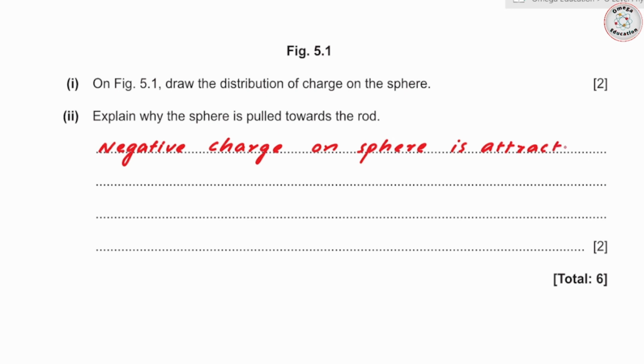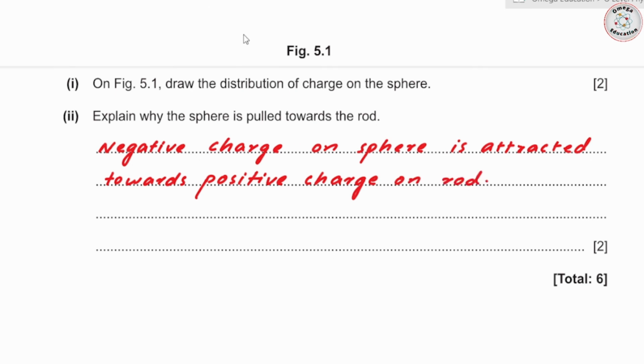is attracted towards the positive charge of the rod. And for the second mark you have to mention this thing, and make sure whenever you write these answers they are consistent with the demands of Cambridge, and this comes only with practice.